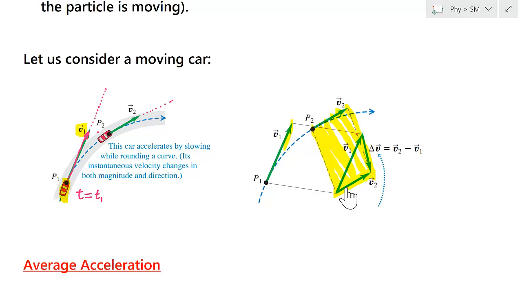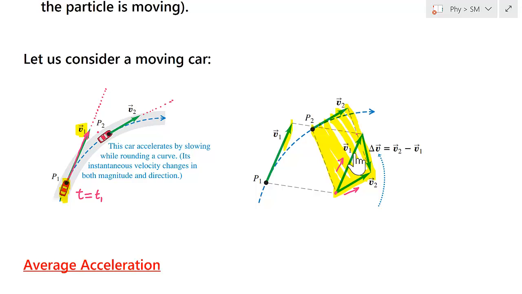Now we have translated v1 and v2. This means this is the position of v1 and this is the position of v2 after the translation. Important point: when we are translating the two vectors, we are trying to merge the tails of the two vectors at the same point, so that the tail remains at the same point.